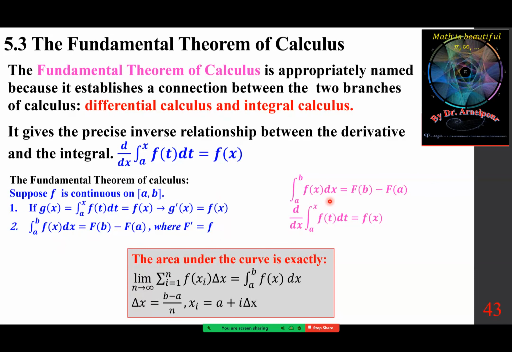So in short, the integral from a to b of f of x dx, which is the definite integral, which is a number, find any antiderivative and evaluate it at the endpoints, F of b minus F of a. Their difference is the answer. The derivative of the integral from a to x of f of t dt is f of x.